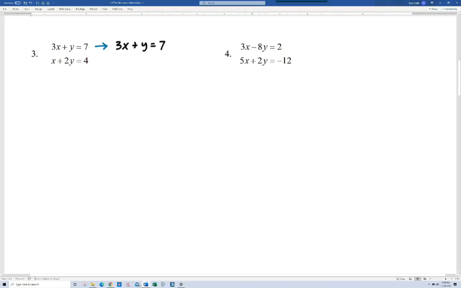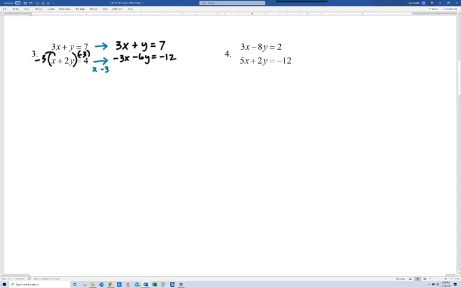So I'm going to rewrite the first equation, and I'm going to multiply the second equation by negative 3. So we'll get negative 3x, 2y times the negative 3 is negative 6y, and 4 times negative 3 is negative 12.